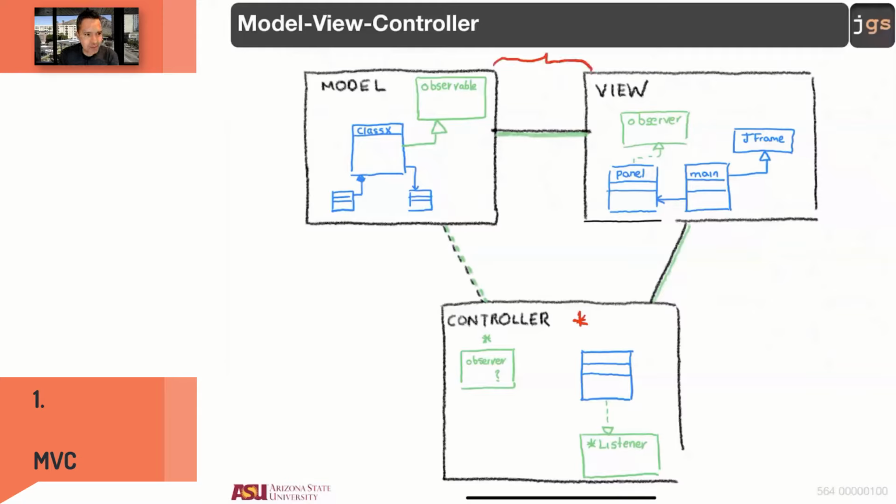Having in the same class graphical user elements, drawing something, and then in the same class, adding functionality, data structures, handling data, processing data, whatever. That is a very bad idea.